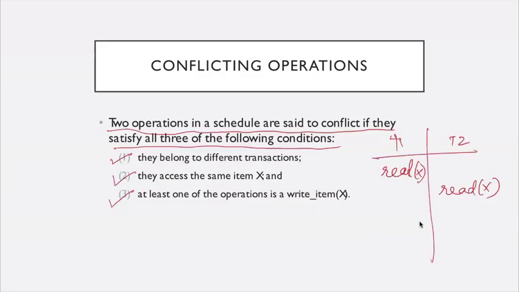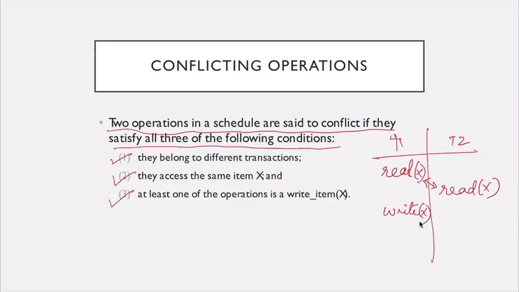Yes, both of them work on the data item X. And the third condition is that at least one of the two operations must be a write. Here both of them are read, so the third condition is not satisfied. So these two operations are not conflicting operations.